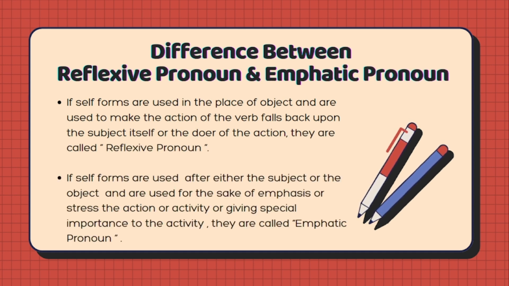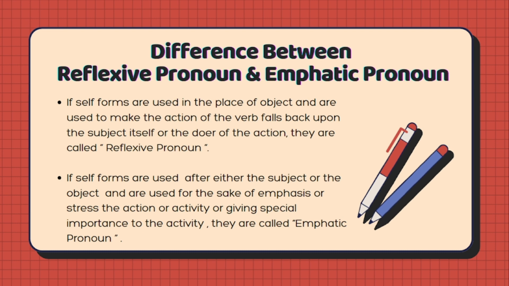If self forms are used in the place of the object and are used to make the action of the verb fall back upon the subject itself, or the doer of the action, they are called reflexive pronouns.